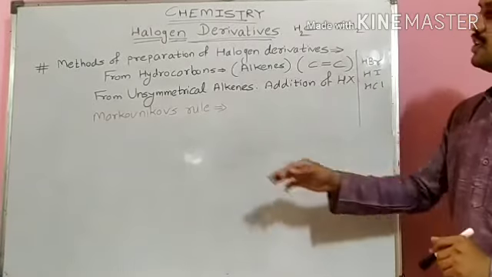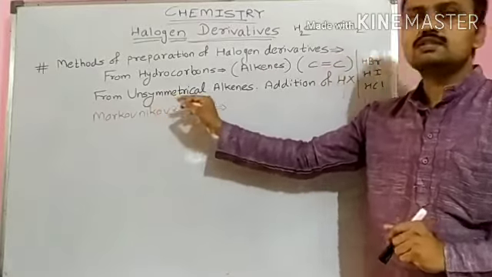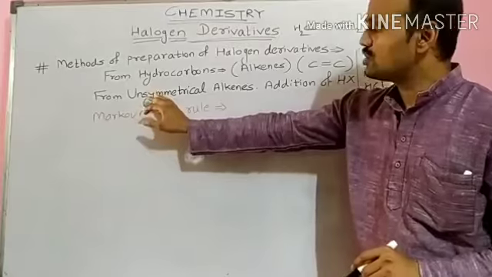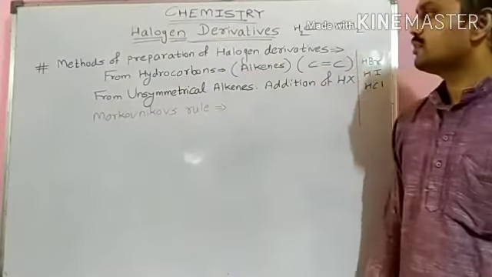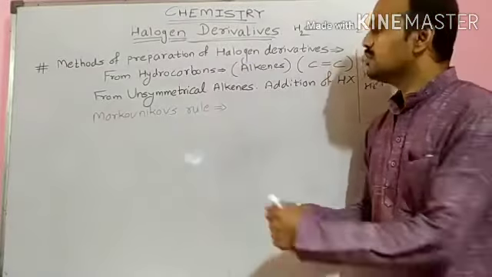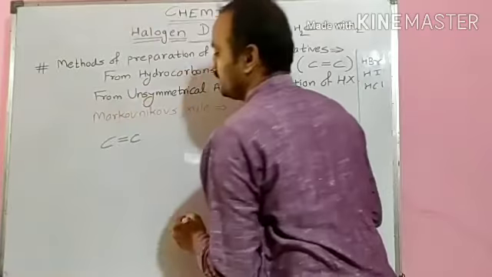And the meaning of unsymmetrical alkenes. Unsymmetrical alkenes means alkenes in which there are different numbers of carbon atoms on both sides of the double bond. For example, suppose in this example a carbon-carbon double bond is there.